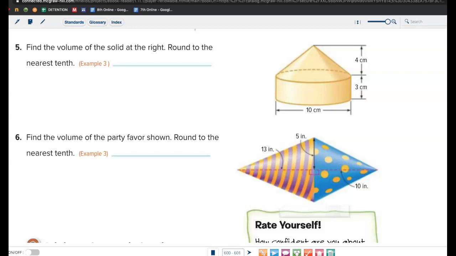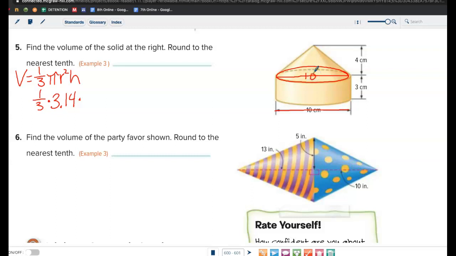So let's find the volume of our cone first because that's what we've been doing. To find the volume of a cone, we have 1/3 times pi r squared times height. So I have 1/3 times 3.14 times my radius. Here's the circle of your cone, which means that part there would be the diameter, and it's the same as the diameter of the circle on the bottom, so 10.